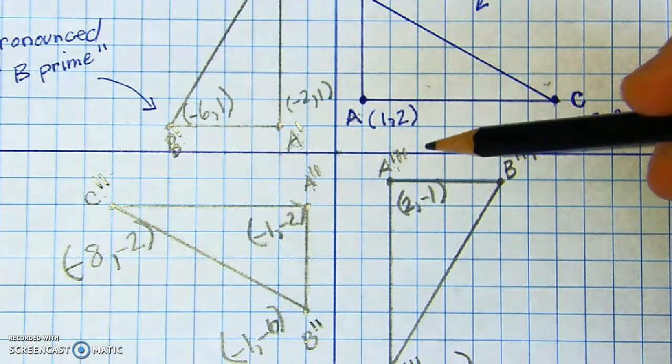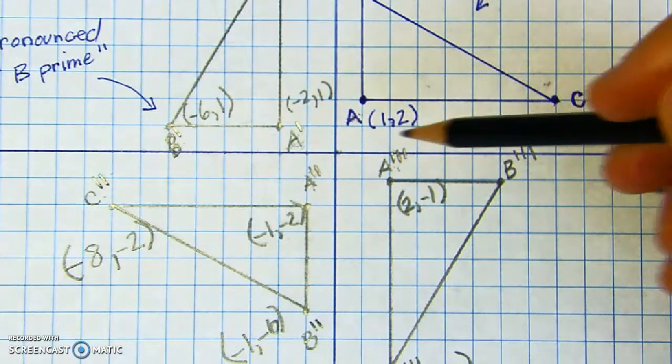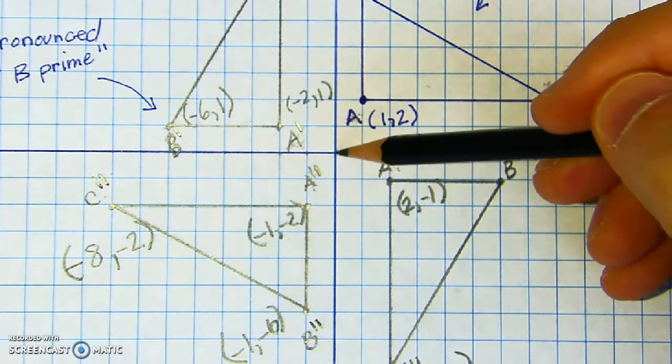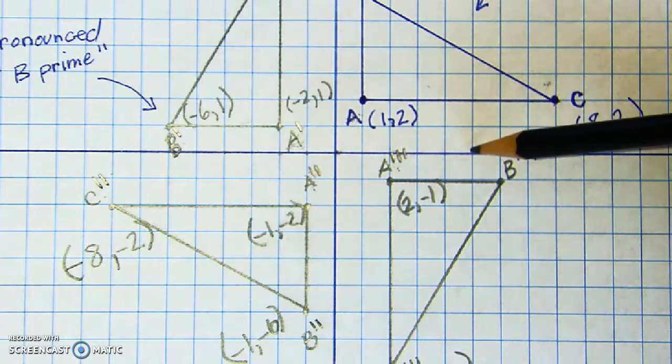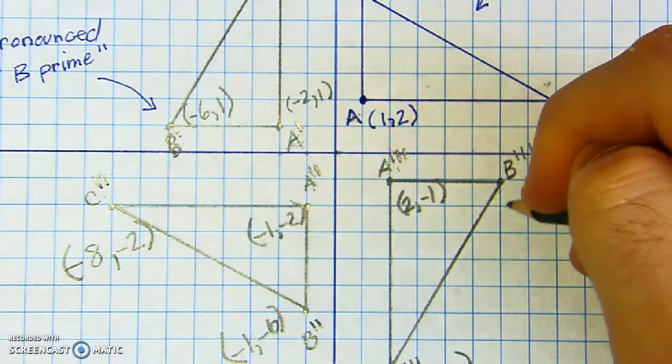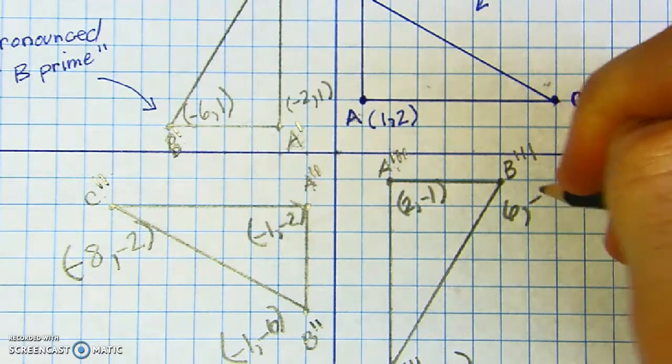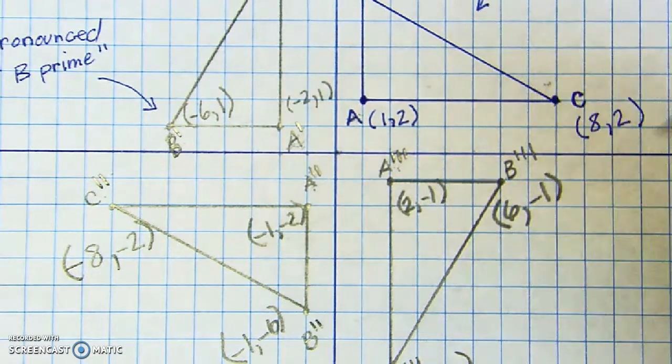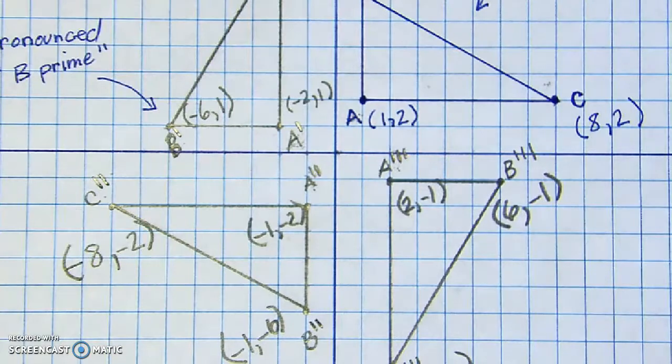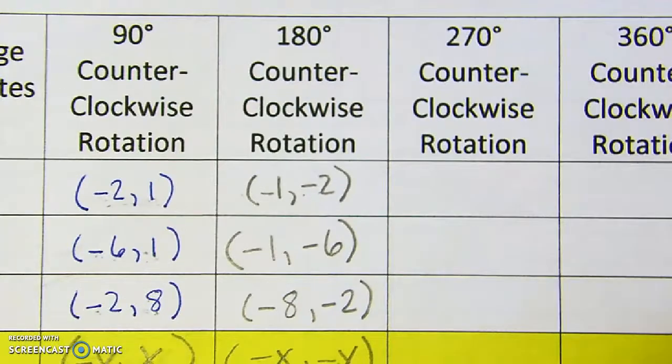And then this one is probably because I had a 6 in it, right? So it's over 6 and down 1. Let's just make sure. 1, 2, 3, 4, 5, 6, down 1. Yep. So that's going to be 6, -1. Okay, perfect.